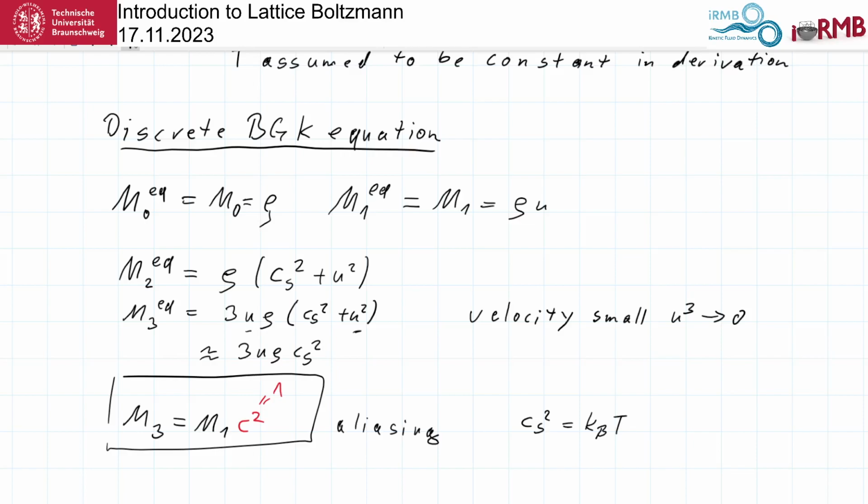How would you rescue that model? So T is a degree of freedom for us. When T is a degree of freedom for us, then cs squared is a degree of freedom for us. So what should we do with cs squared such that the model is rescued?